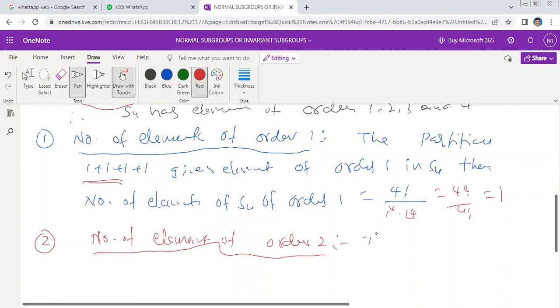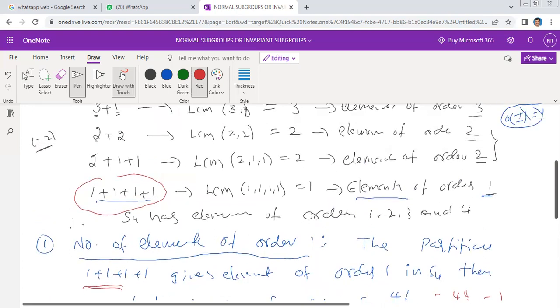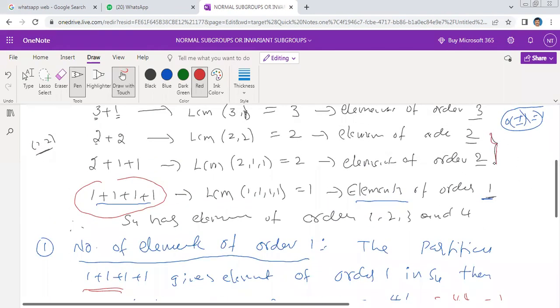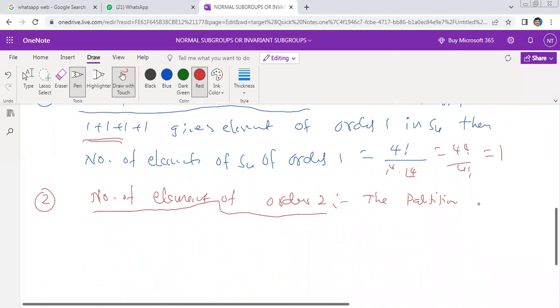The partition 2 ఆర్డర్ రావడానికి ఉన్నటువంటి పార్టీషన్ చూడండి, these 2 possibilities. Now one is 2 plus 1 plus 1, another one is 2 plus 2. ఈ రెండింటికి ఇండివిజువల్ క్యాలిక్యులేట్ చేసి సమ్ చేయాలి.